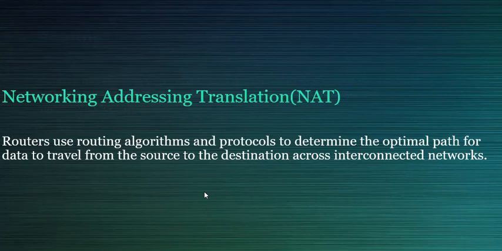This is done by translating the private IP addresses into public IP addresses, so that these private IP addresses can be used over the network after being converted into public IP addresses. So that is how Network Address Translation (NAT) solves the issue of private IP addresses.